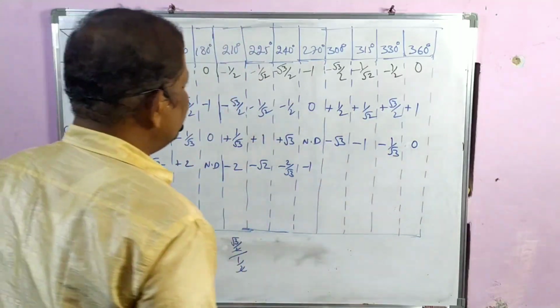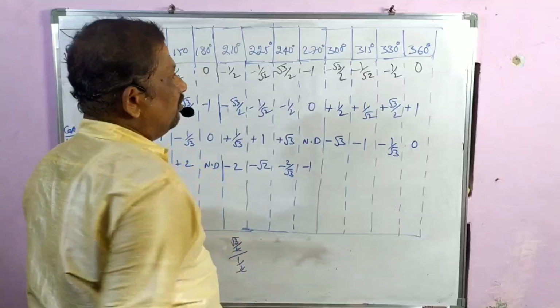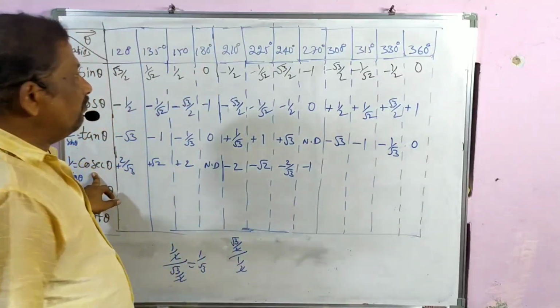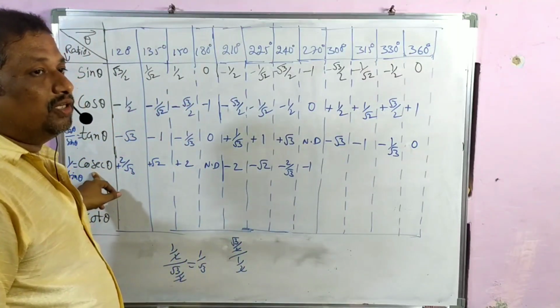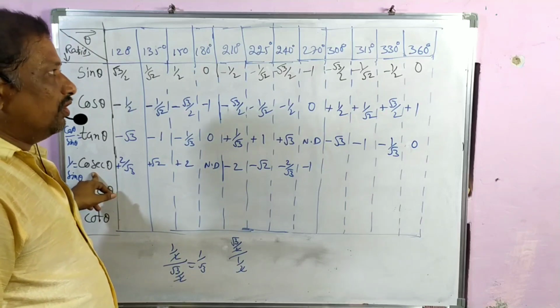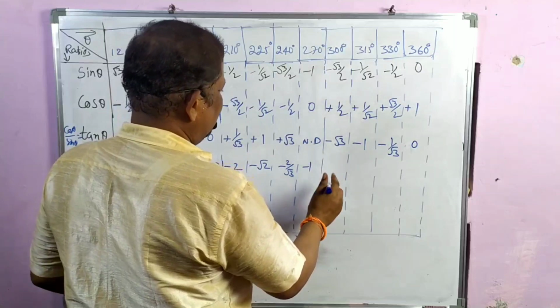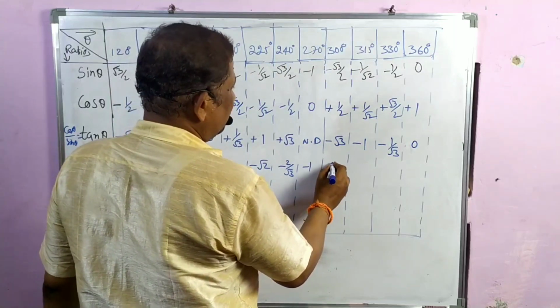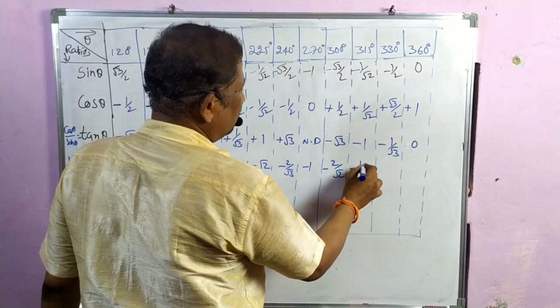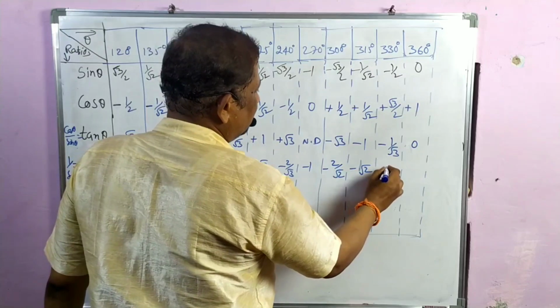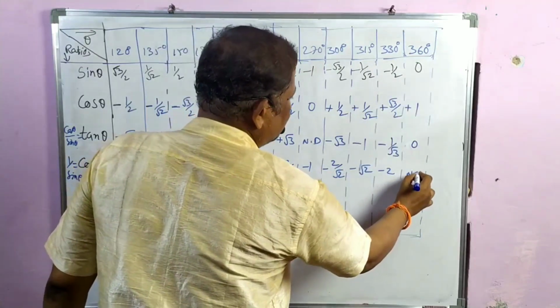So next, coming to this one. 270 plus theta means fourth quadrant. In the fourth quadrant, cosecant is not there. Negative values will come. Write the reciprocals simply.